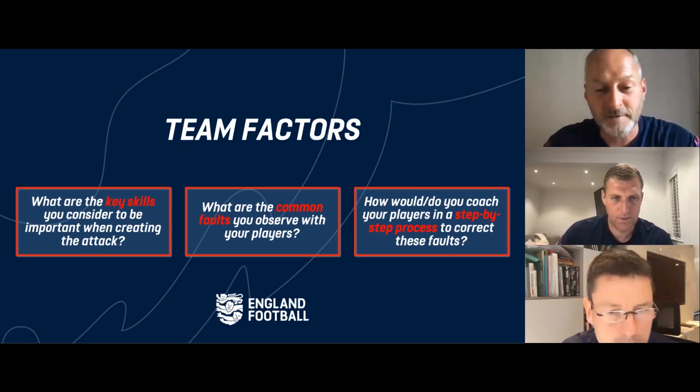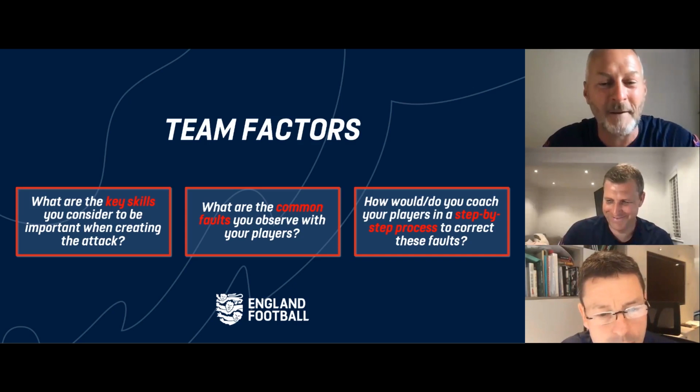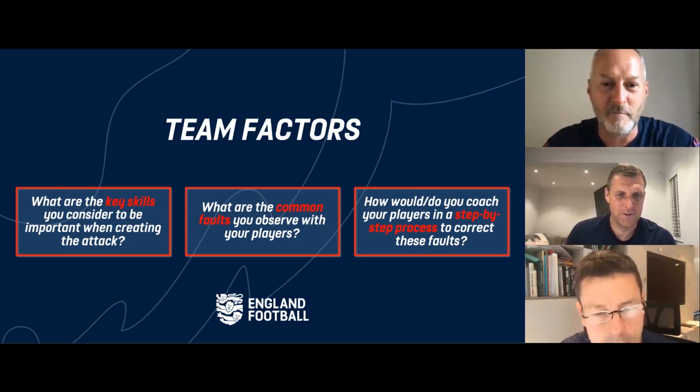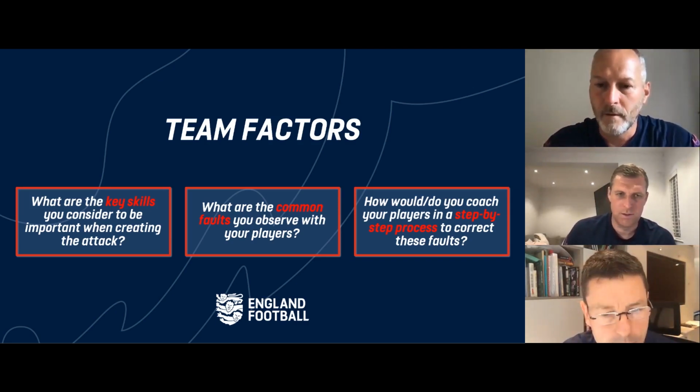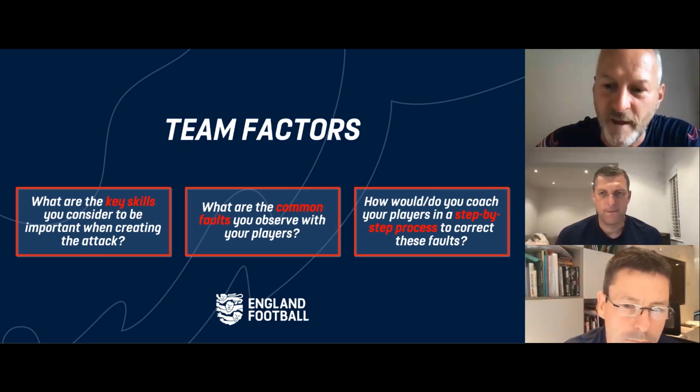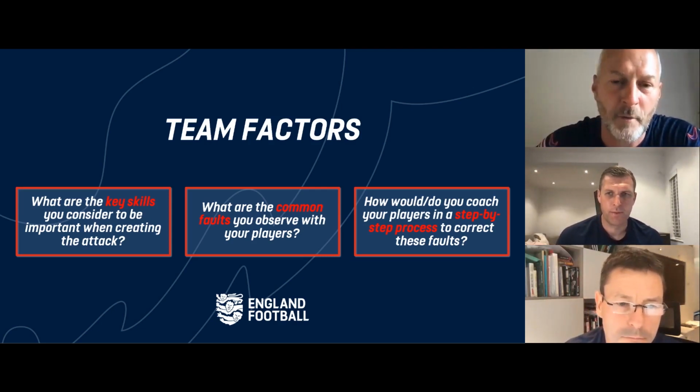Then on top of that, you've got to start thinking about the opposition you're playing and what style, system and individuals they have. So it really does become a big theme, a topic to try and discuss. It's just recognising and going all the way through the pathway.